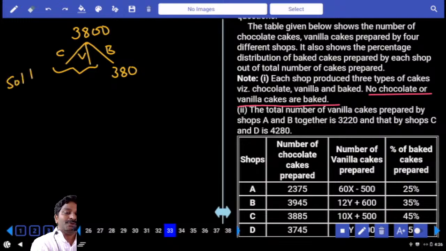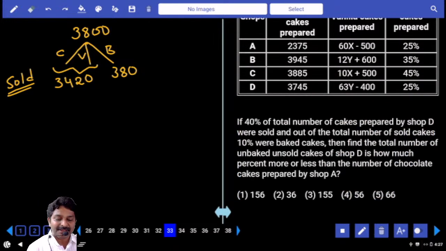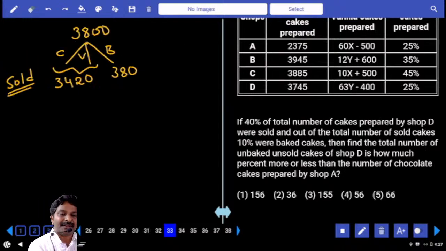Out of them, sold items are 3,420. They are sold items among chocolate and vanilla both together, from shop D. In shop D, chocolate and vanilla both together we have 7,125.